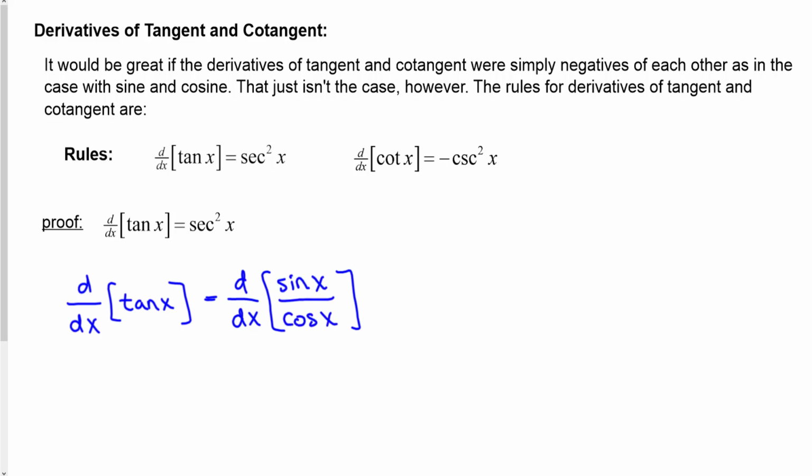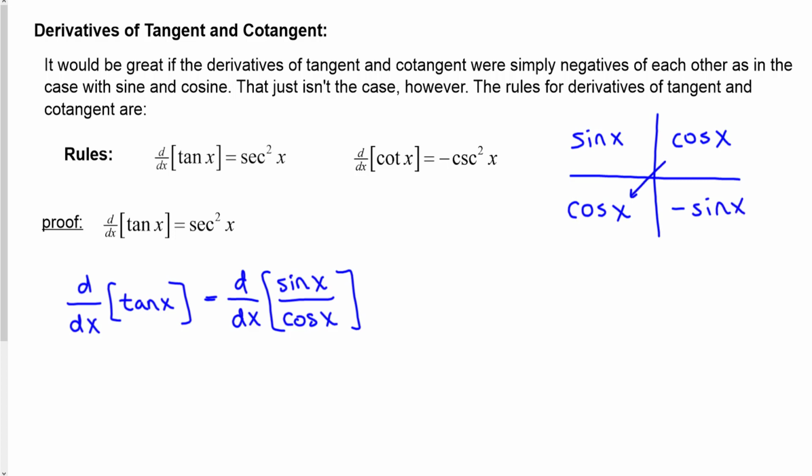Now, given that, and our knowledge of what the derivatives of sine and cosine are, which we've already proven, we can use the quotient rule, because I have two functions divided. In the numerator, it's sine x. In the denominator, it's cosine x. Derivative of sine is cosine. Derivative of cosine is negative sine.